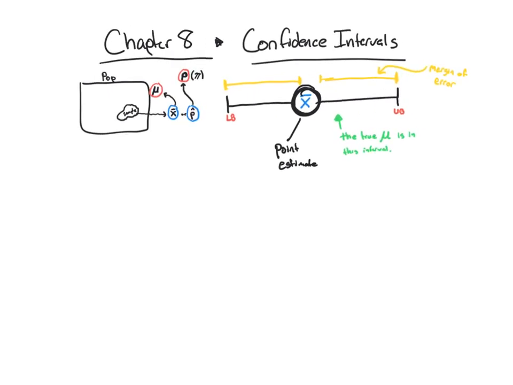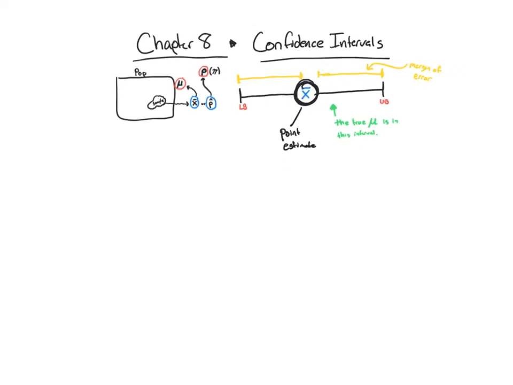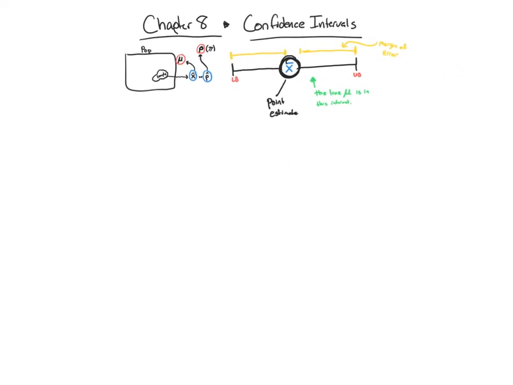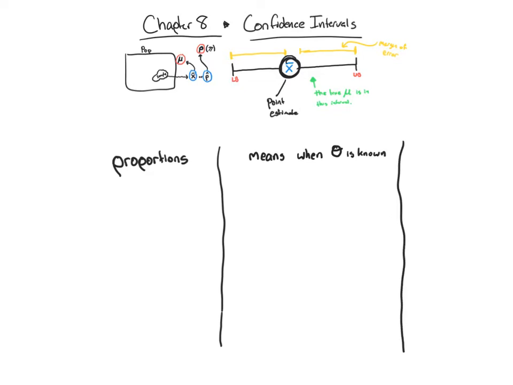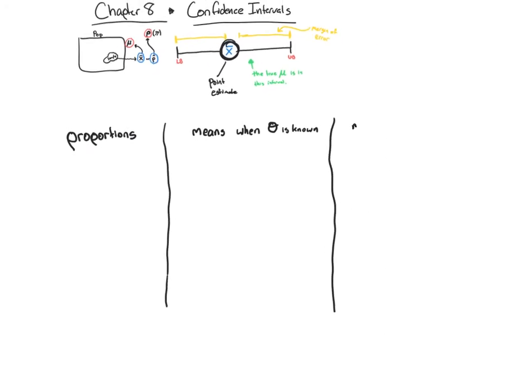Let's talk real briefly about what it is that we're looking for when we do a confidence interval. So in a confidence interval, there are three different kinds. Really it's a proportion, or it's a mean when population standard deviation is known, or it's a mean when population standard deviation is unknown.